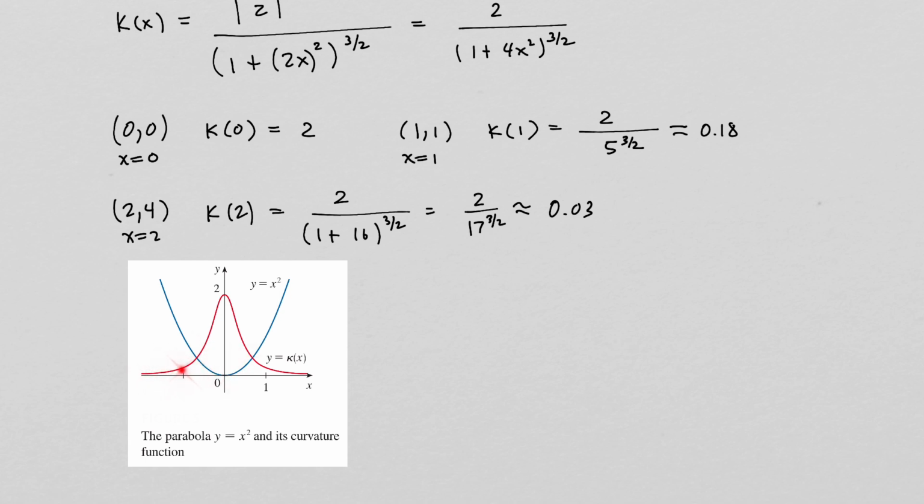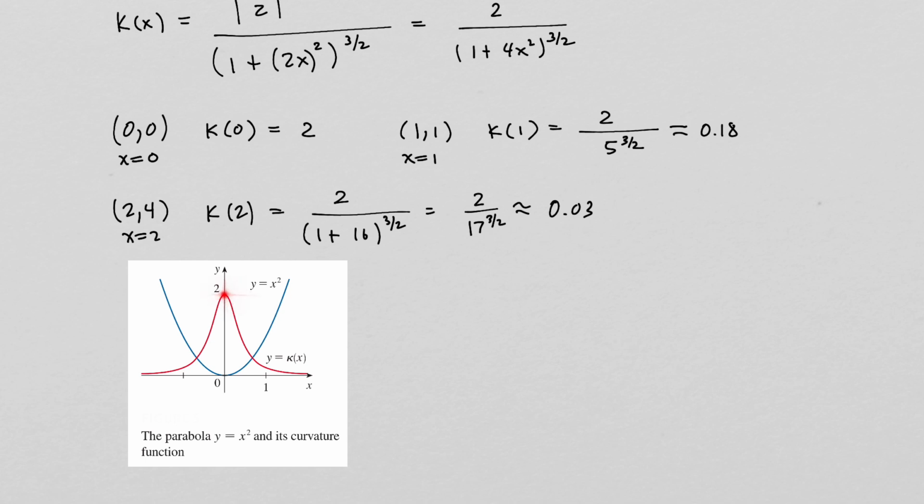And you can see that by looking at the graph of the curvature function. So the closer the curvature is to 0 is basically saying that the curve is relatively straight. So you can see out here where the curve is relatively straight, the value of the curvature function is getting closer and closer to 0. Same thing happens over here. But in here where you have some curvature, you can see that the curvature is maximized at 0, which makes sense because this is the point where the parabola turns around.